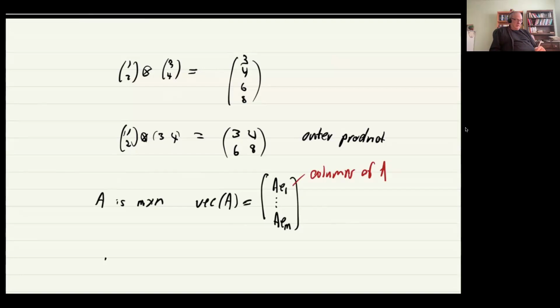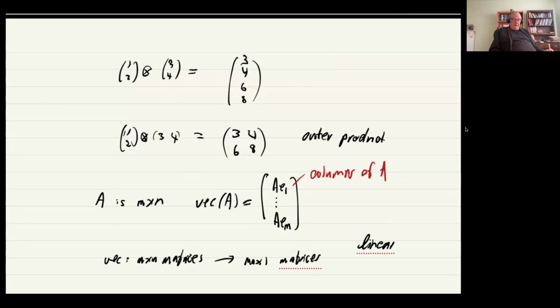Vec maps M by N matrices to Mn by 1 matrices. It's a linear map, actually, and if you make the right choices, it also preserves the lengths. So it's very useful when you're dealing with Kronecker products.